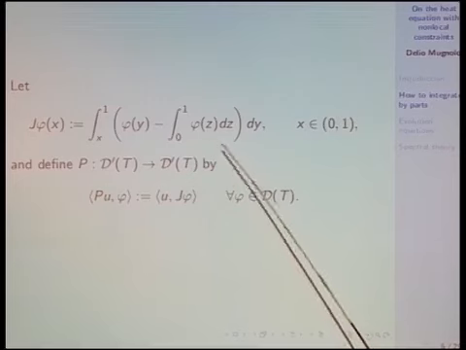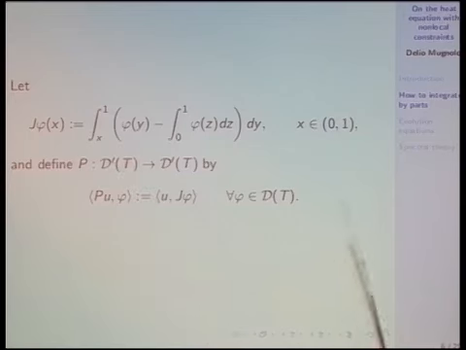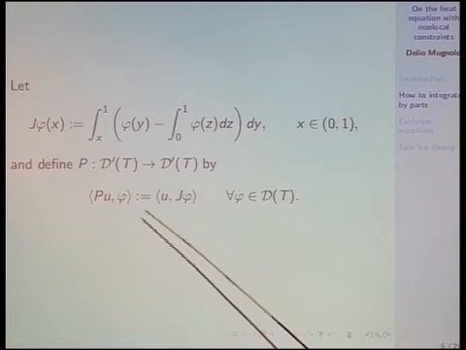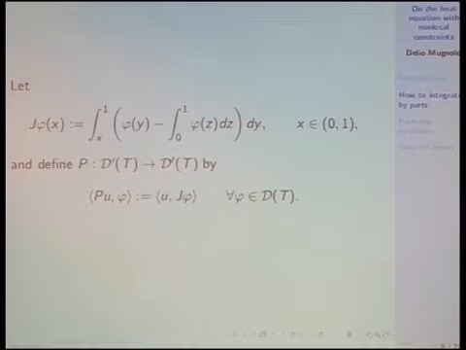So in this way, J of phi is uniquely determined as an operator on the space of test functions. And you define another operator P just by duality. So this is an operator acting on distributions.